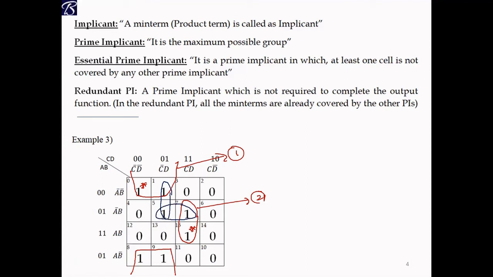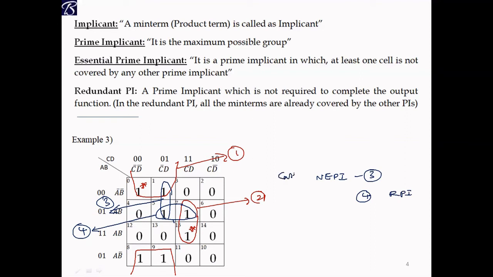Let us say this is 3. If you take 3, the output function is completed, and it is non-essential because there are two options. 3 and 4 are both non-essential prime implicants. This is case 1: if you take non-essential prime implicant 3 to complete the output function, then 4 becomes a redundant prime implicant.